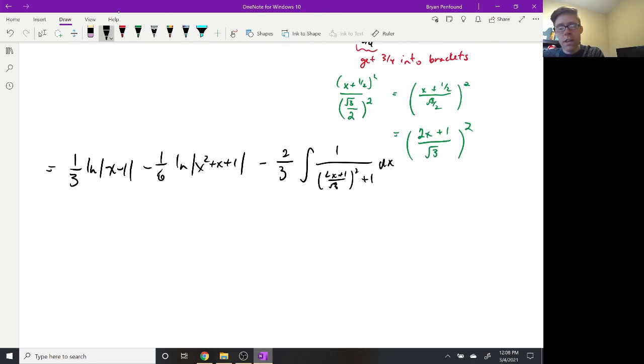This is a linear thing, so this is going to come out to be arctan of 2x plus 1 over root 3. But let's go through the u substitution so you can see how we would utilize a u sub to get this to work. We would take this whole business and say that the derivative is equal to 2 over root 3 multiplied by the differential dx, so that we can replace dx with root 3 over 2 times du.